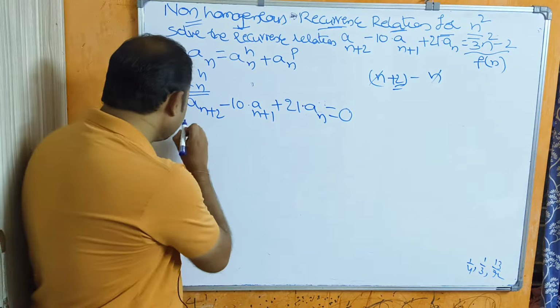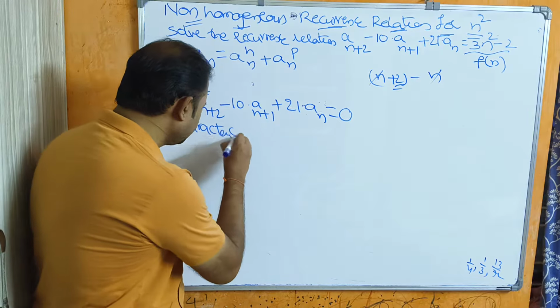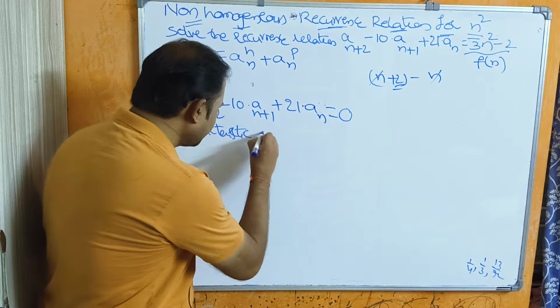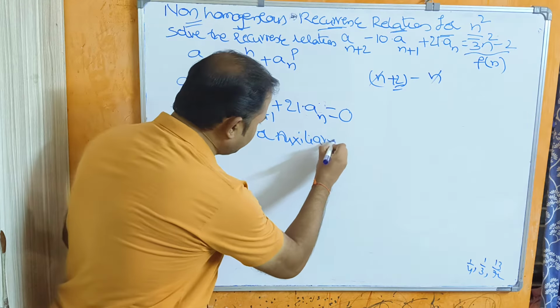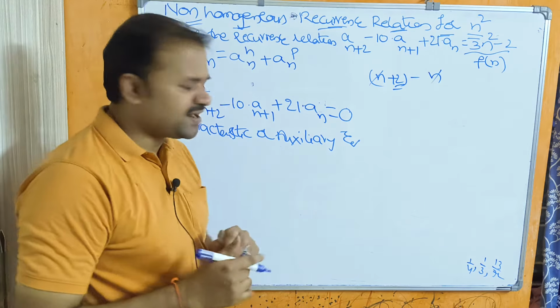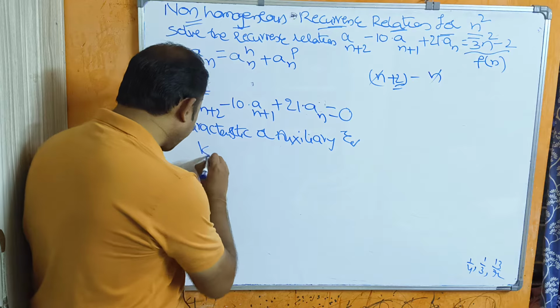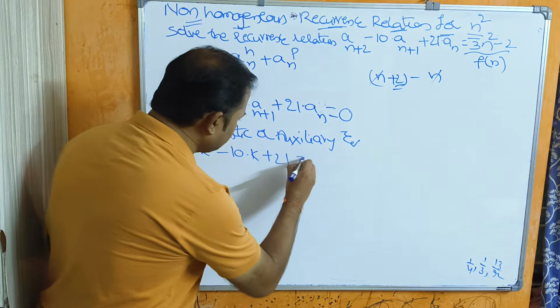So this is called as characteristic equation or auxiliary equation. So the characteristic or auxiliary equation is k square minus 10 into k plus 21 equal to 0.